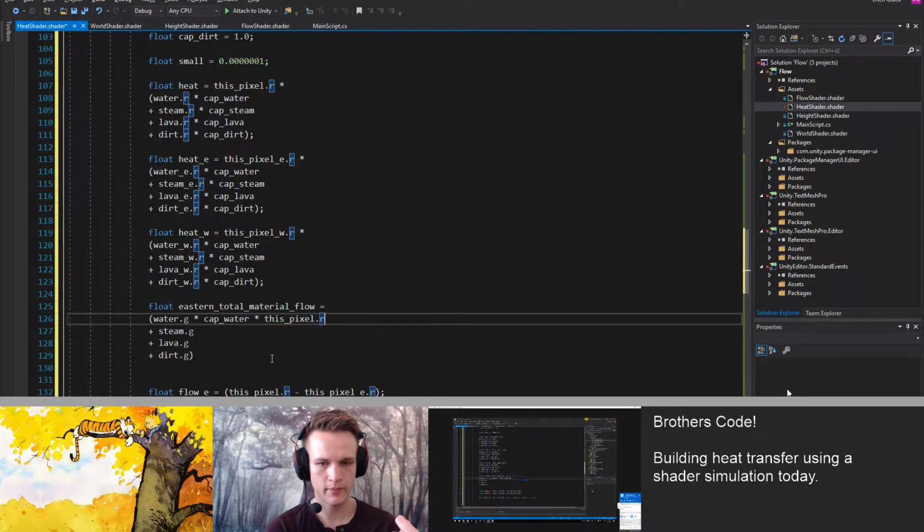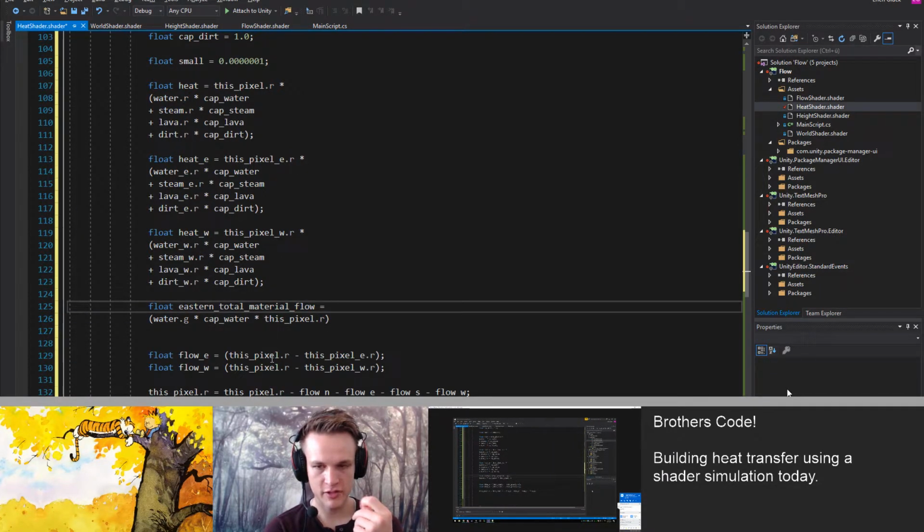Right? So this is the heat flow east of water.